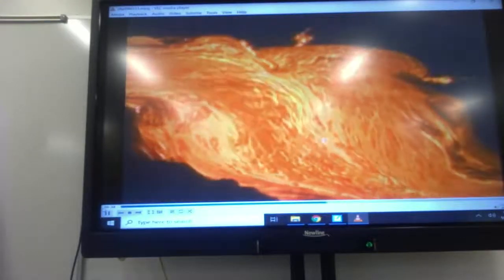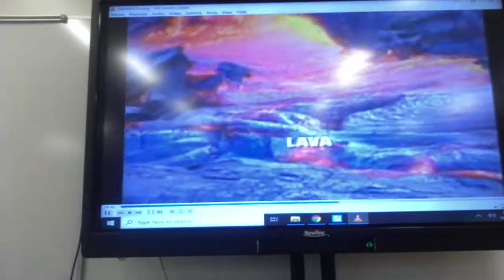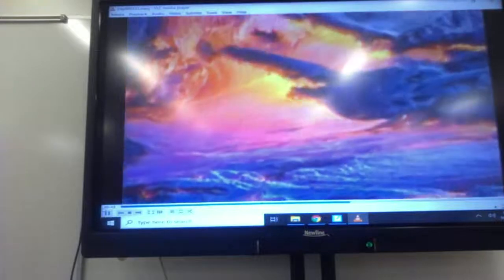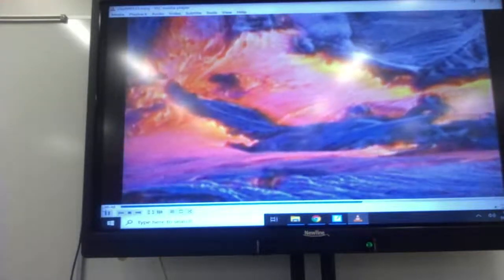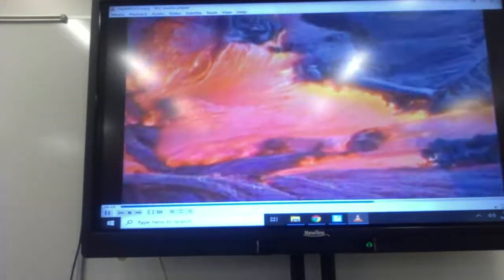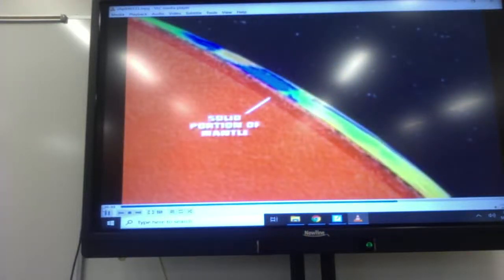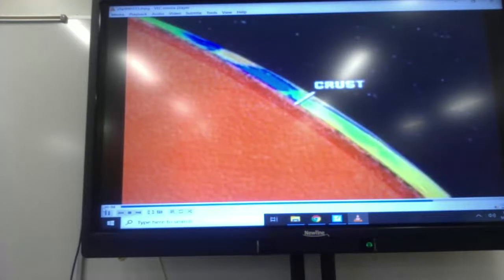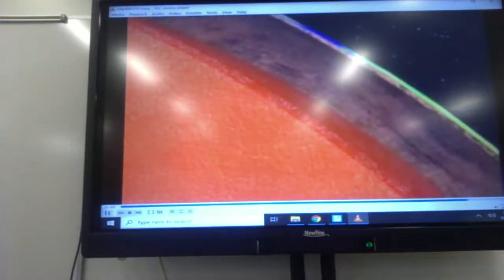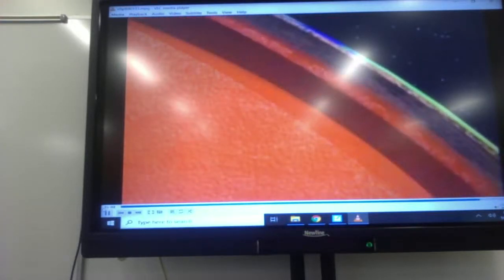No one has ever seen the mantle, but scientists believe mantle material may resemble lava which erupts from volcanoes. The mantle's outermost portion is solid. This is the solid outer portion of the mantle. Above this is the outermost layer of the Earth, the crust. Together, the crust and solid outer portion of the mantle form the Earth's outer shell. They are referred to as the lithosphere.